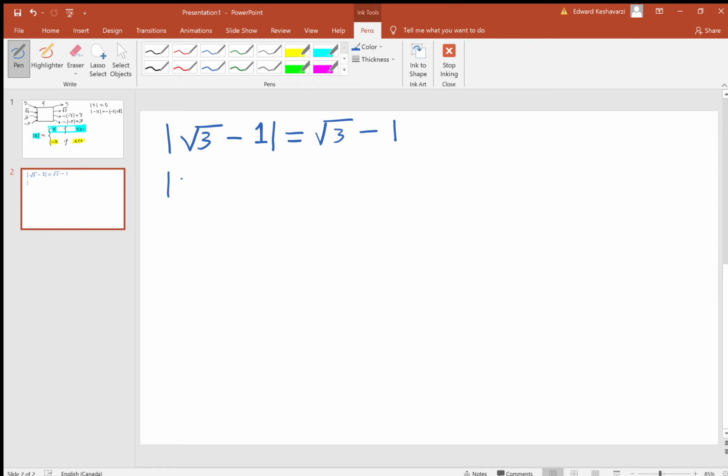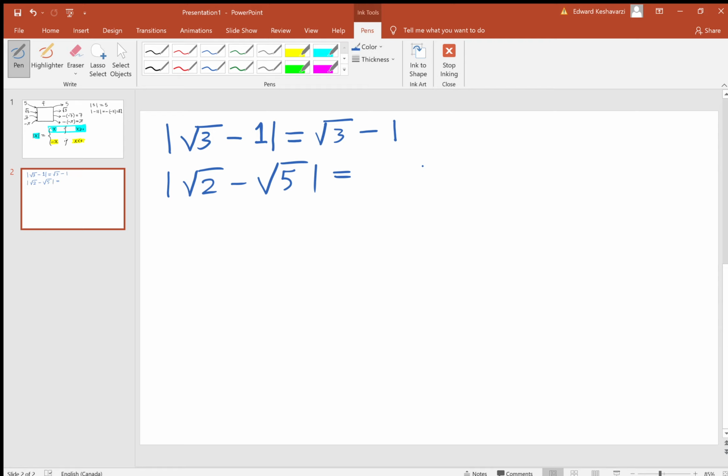However, if inside the absolute value is the square root of 2 minus square root of 5, we know that square root of 5 is larger than the square root of 2, therefore inside the absolute value is a negative number.